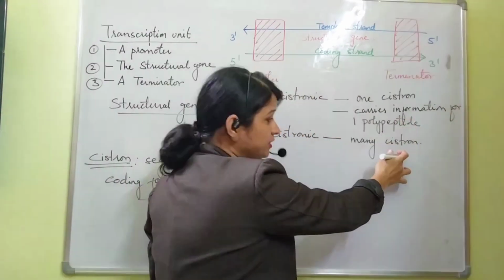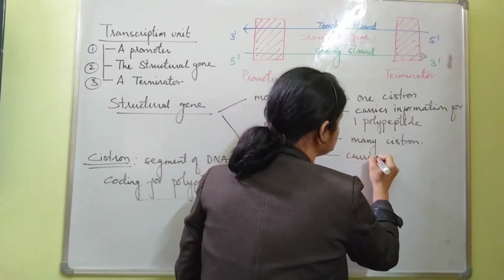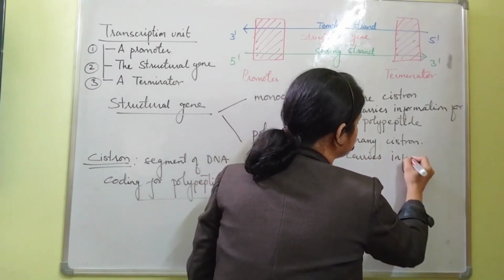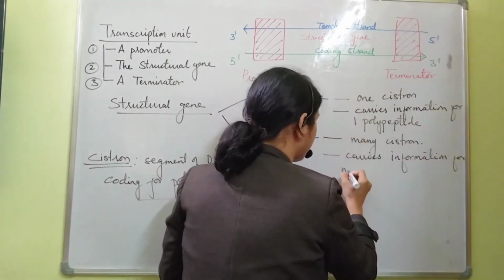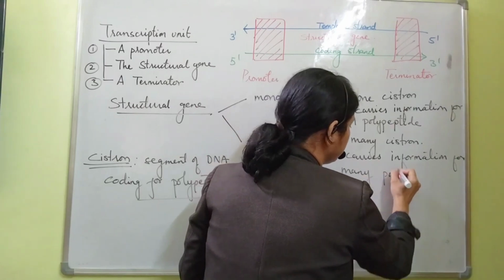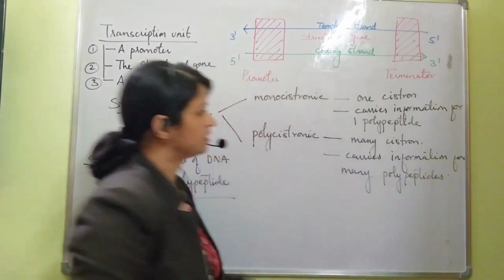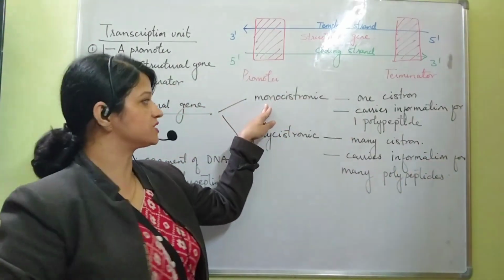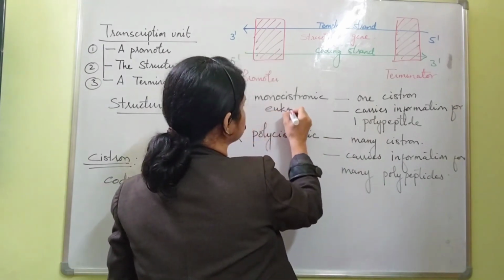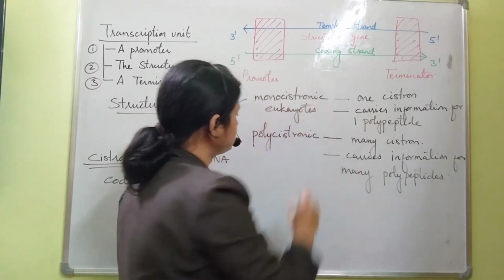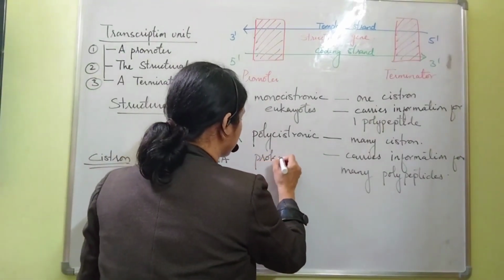Here, with many cistrons, they will carry information for many polypeptides. This monocistronic structural gene is present in eukaryotes. And polycistronic structural gene is present in prokaryotes.